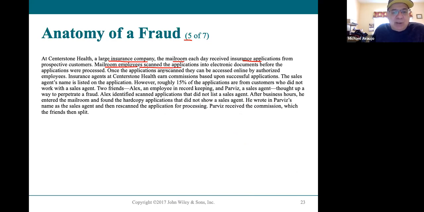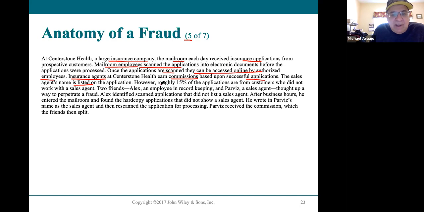Once the application was scanned, they could be accessed online by authorized employees, okay? You got to understand that insurance agents at all these companies earn commission based on successful applications, okay? The sales agent's name is listed right on the application.